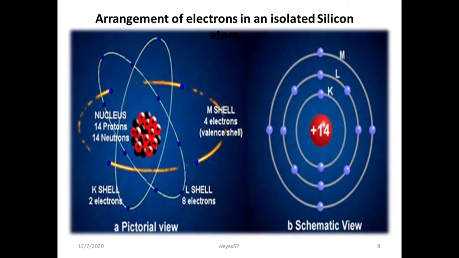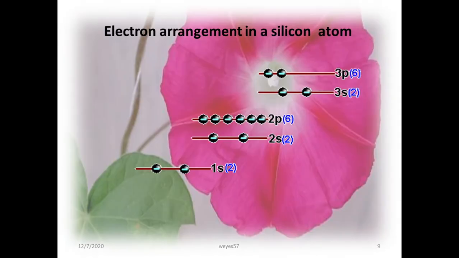Now if you take an isolated silicon atom, whose atomic number is 14, the configuration is 1s2, 2s2, 2p6, 3s2 and 3p2. The 1s, 2s, 2p electrons are closely bound to the nucleus, whereas 3s and 3p are loosely bound and are in the outermost shell of the atom.